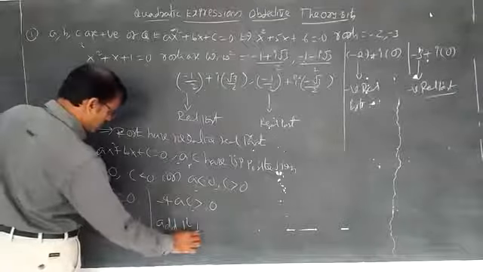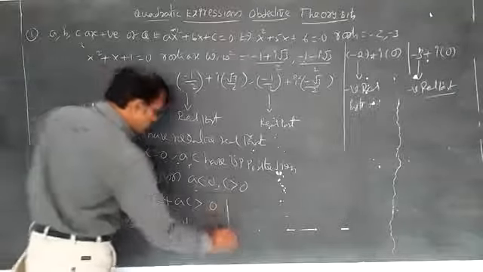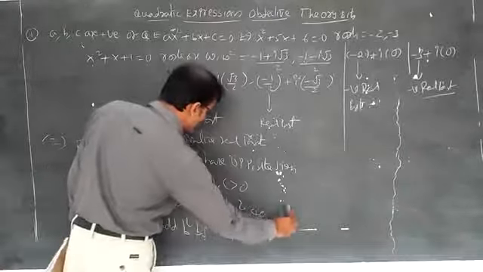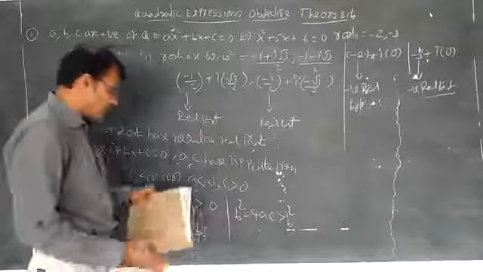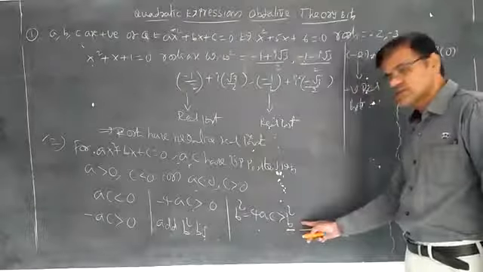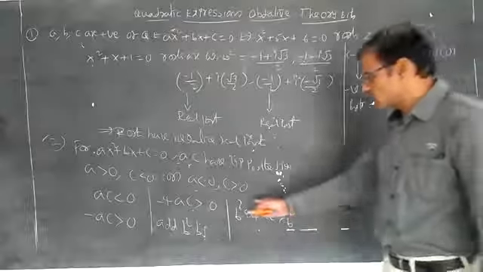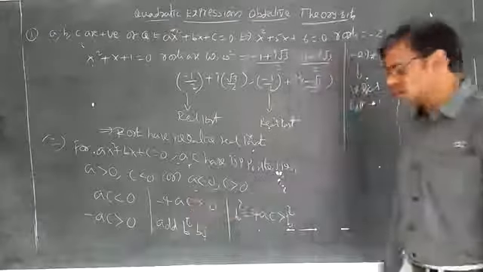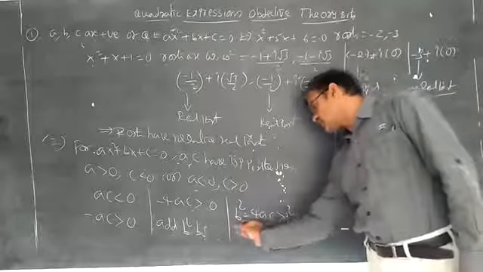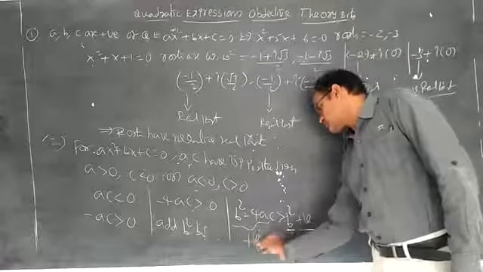Add b square on both sides. Now what will happen, students? b square minus 4ac is greater than b square, which we have added. We know that every square is positive, and here we are discussing only b not equal to 0. So this is greater than a positive, so this is also positive.